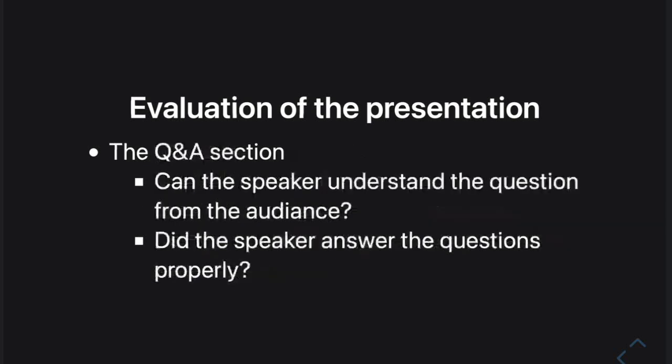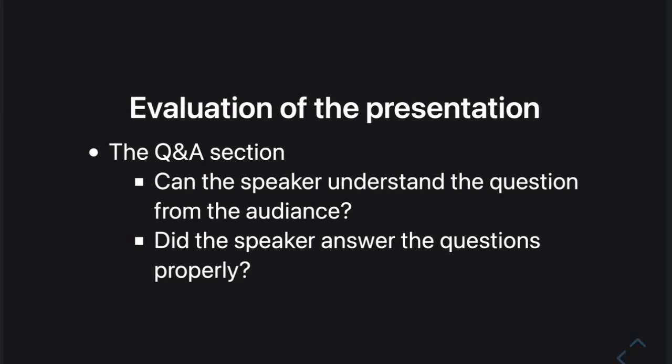The Q&A section is also very important. The audience will ask you a question, and the speakers should try to make sure they understand the question from the audience and answer the right question.